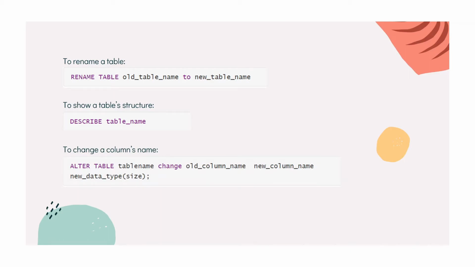And the last, to change a column name that's already in a table, you can use the following syntax: alter table, then we need to specify the table name, then change, then the old column name, then we add the new column name, new data type and new size. This is if we want to change a column name and the rule of the data type and size.